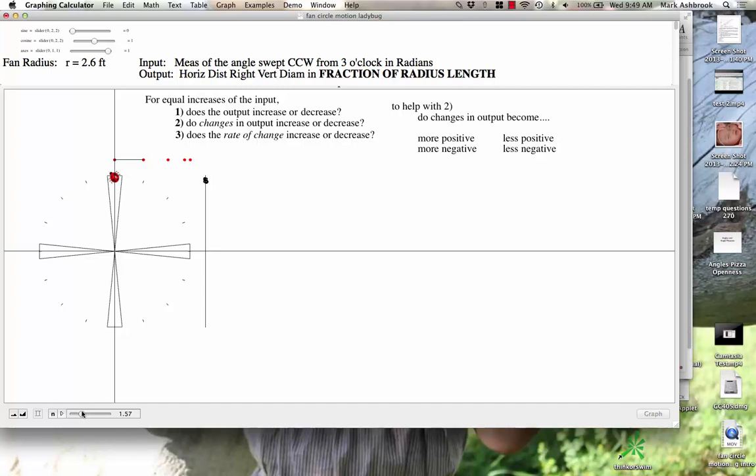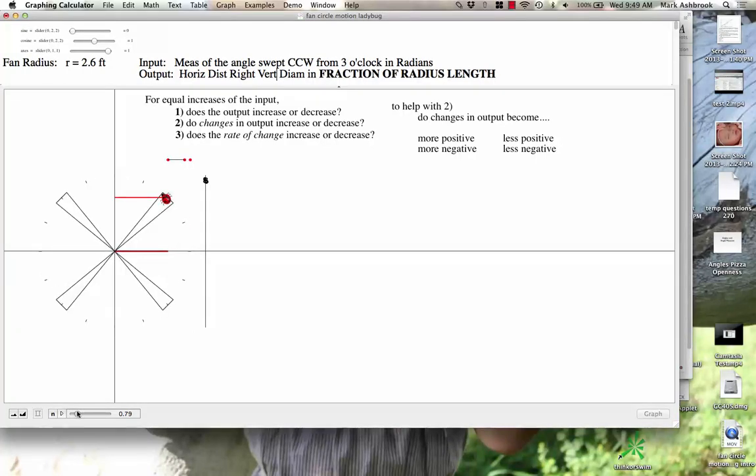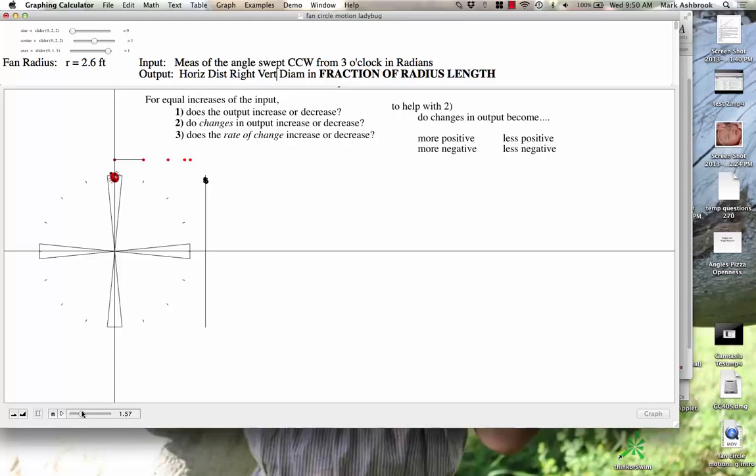Okay, now the changes. Are the changes in horizontal distance increasing or decreasing? Are they negative or positive changes? Negative changes. We're decreasing in output, so they're negative changes. More or less negative? More negative. Therefore, these changes are decreasing changes.